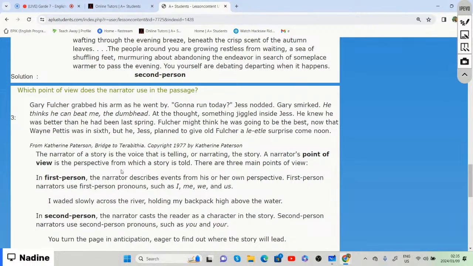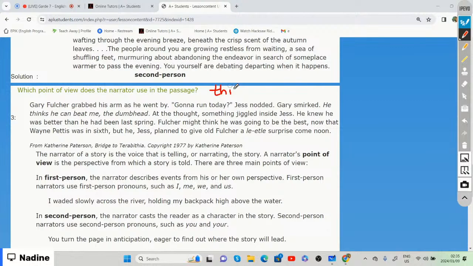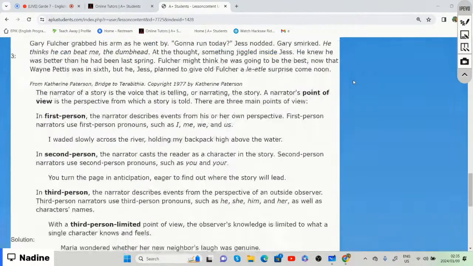We can say that this is third person point of view. This is from an outside perspective. So third person point of view, right? And let's see how.